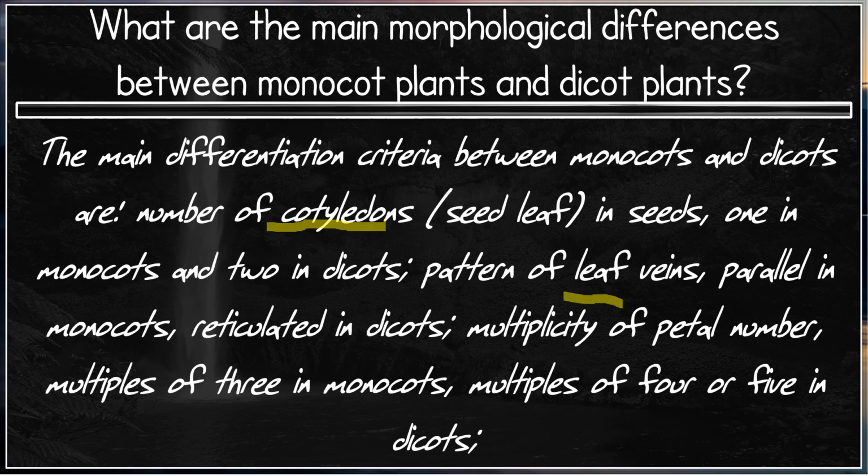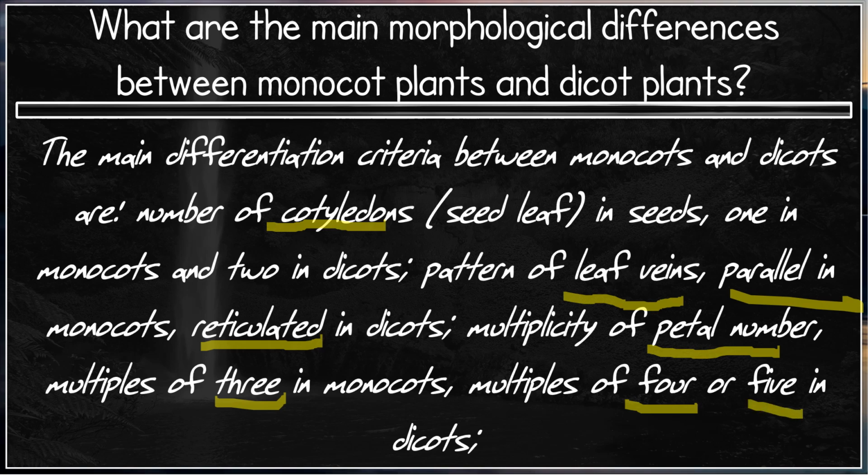Then the pattern of leaves, parallel in monocot, reticulate in dicot. Multiplicity of petal number, multiples of 3 in monocots, multiples of 4 or 5 in dicots.